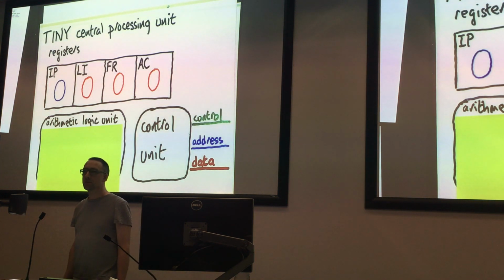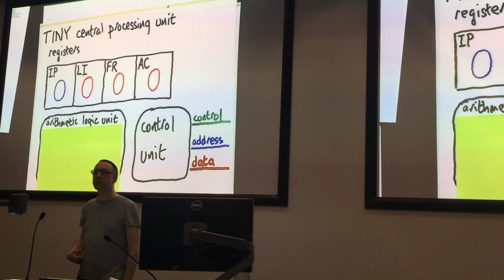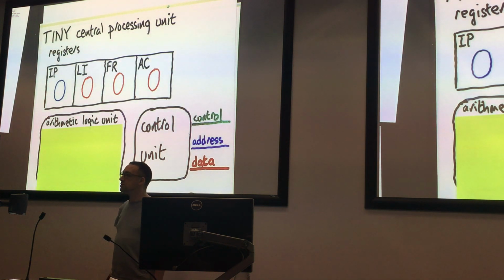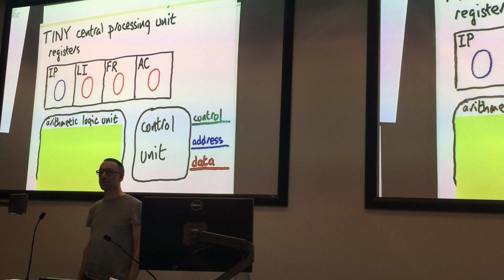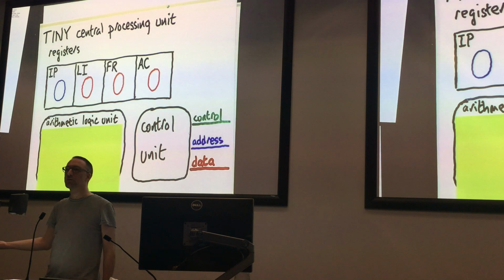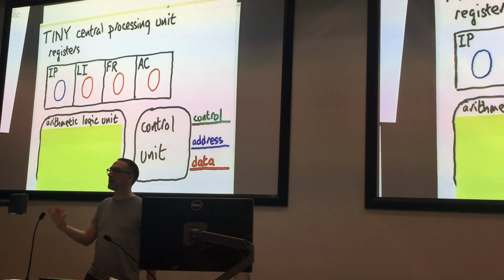And that means, remember, the program is stored in main memory. So in order to do a bit of work, the machine has to fetch a part of the program from main memory and then carry it out.